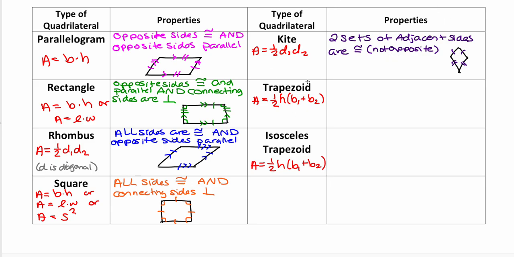The next shapes are trapezoids. So a trapezoid has only one set of opposite sides that are parallel. So again, this is a triangle basically with the top part of the triangle cut off.